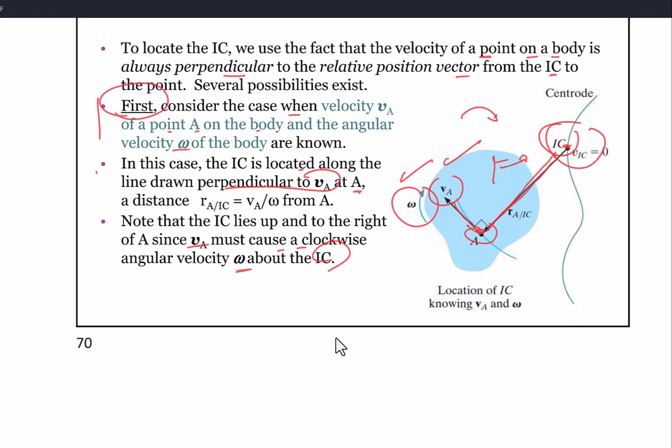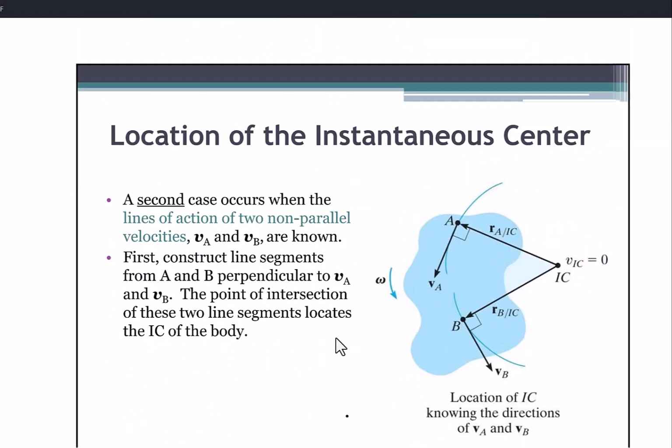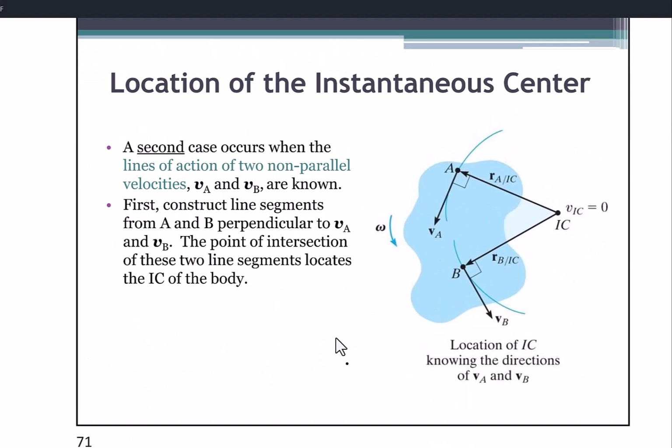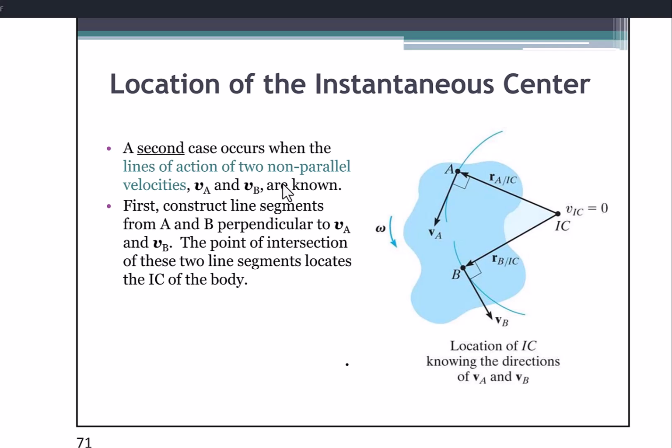This is the first case. The second case happens when the lines of action of two non-parallel velocities, VA and VB, are known. So one time you know the velocity and omega.